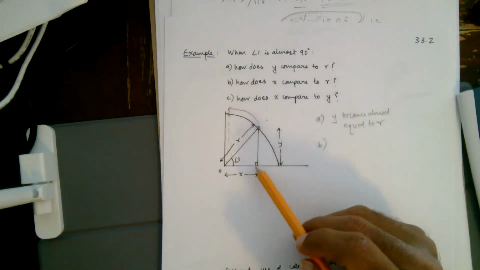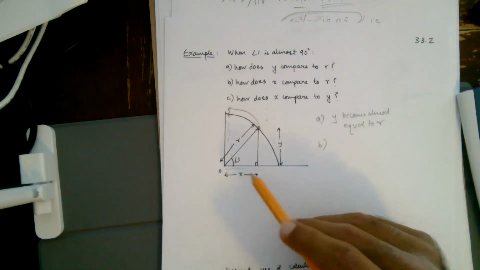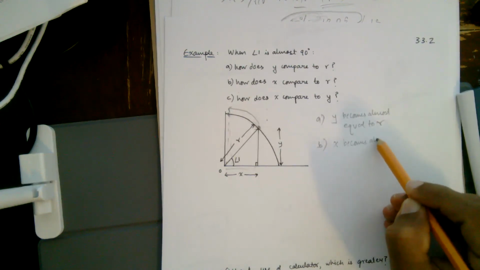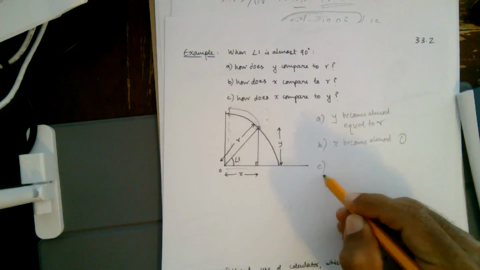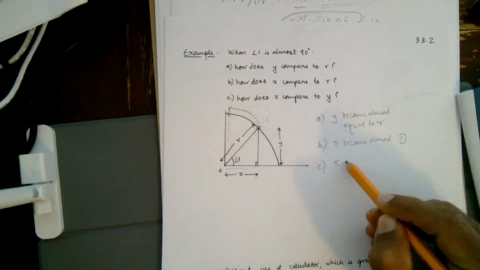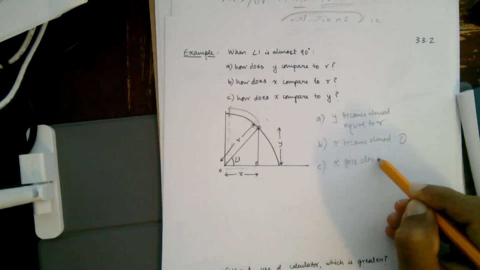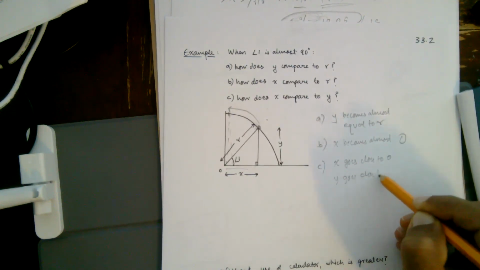As you get closer, this gap is going to get smaller and smaller and smaller. So X becomes almost 0. How does X compare to Y? Well, the same thing. X goes close to 0 and Y goes close to R.